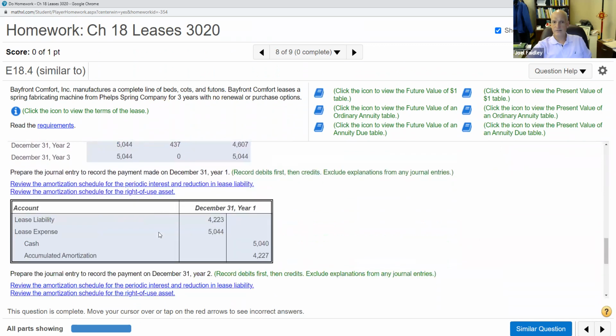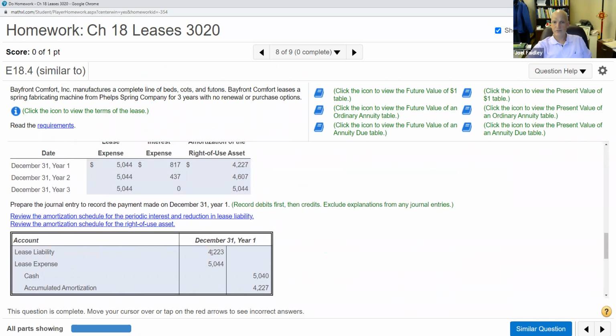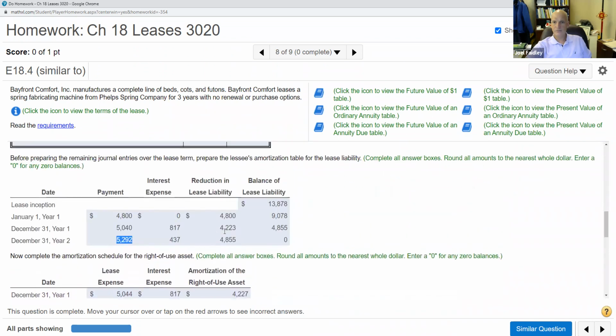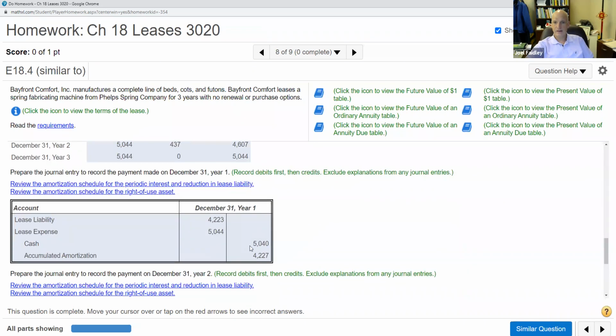But again, let's look at this reduction of my lease liability. There's my 4,223, which comes from the end of year one, the reduction of the liability. There's my cash payment. Go with what you know.